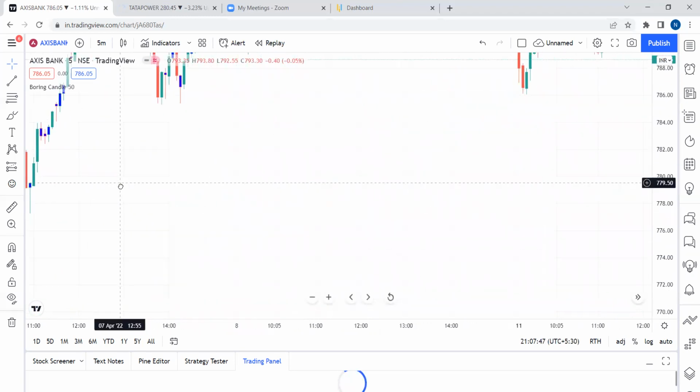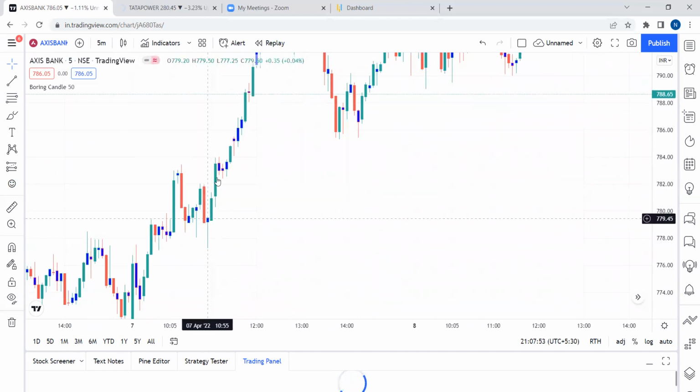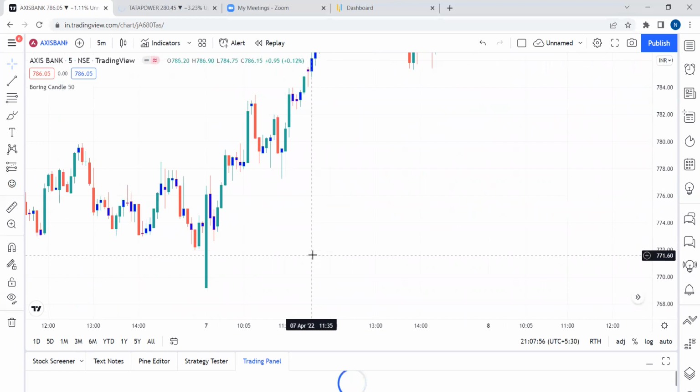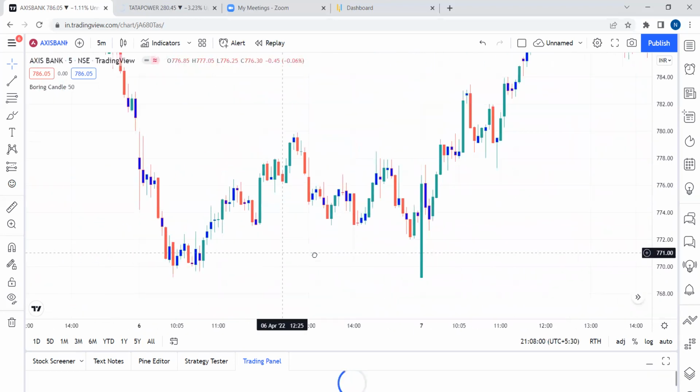Drop, boring, rally. Observe this when the market comes here. It's a very, very good zone actually, buy zone. Drop, boring, rally. We discussed just now, we saw that.